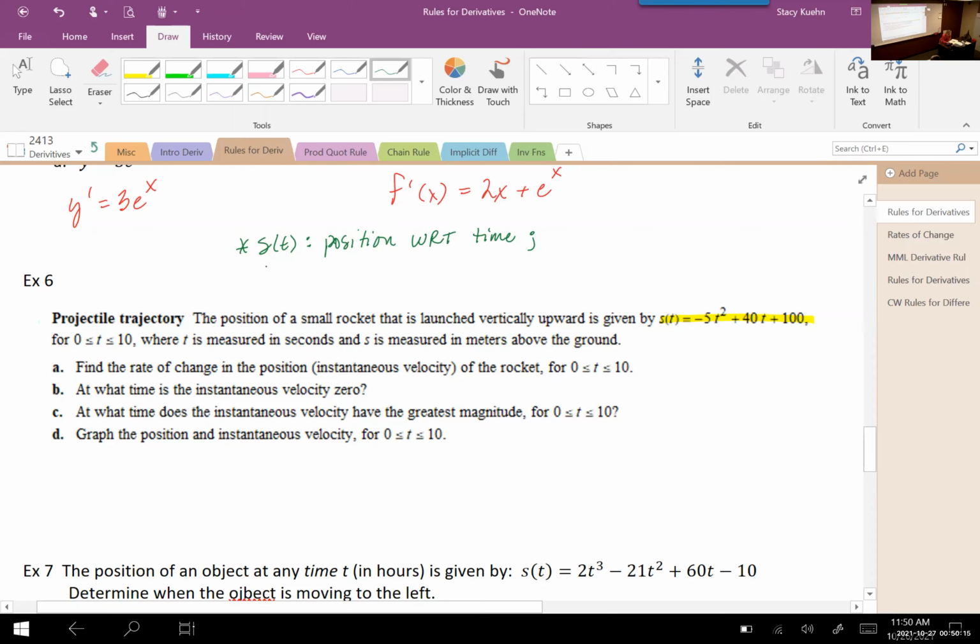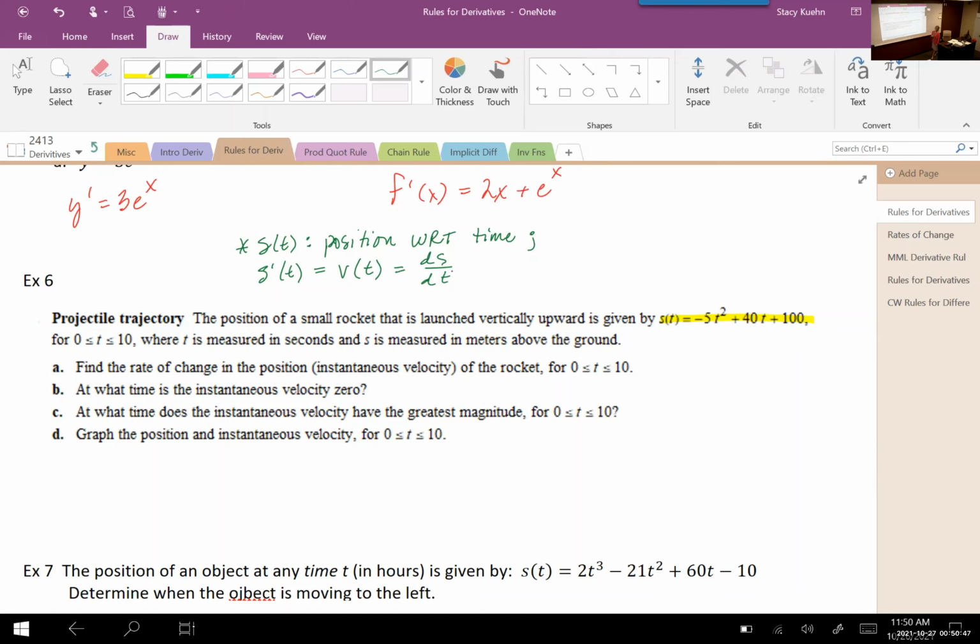Now, the derivative of the position function is actually equal to the velocity with respect to time, which is the change of the position function with respect to the change of time, or the derivative of s with respect to the derivative of t. So you have your position function, you have your velocity function.